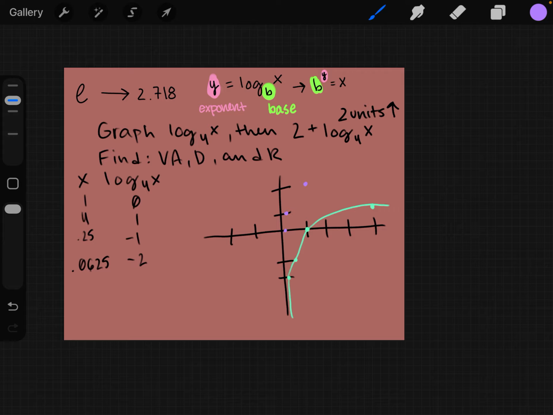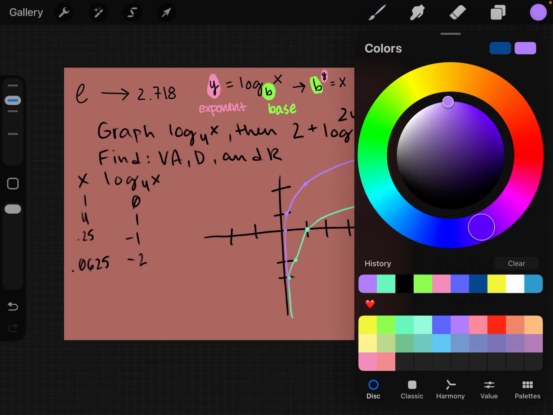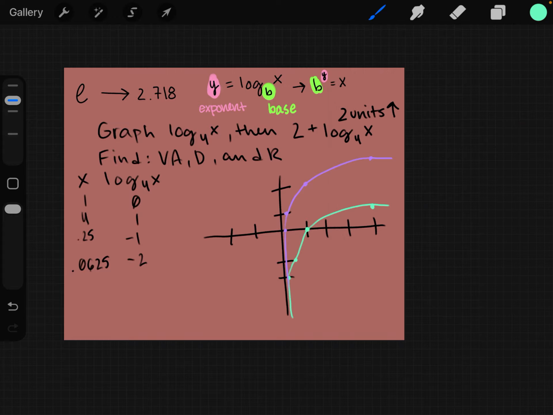And 1, 2. So the purple is 2 plus log 4x, and then the, I don't know, greenish, bluish color.